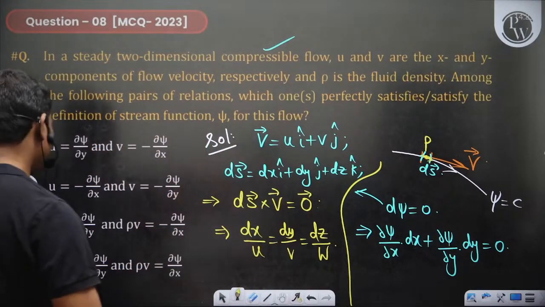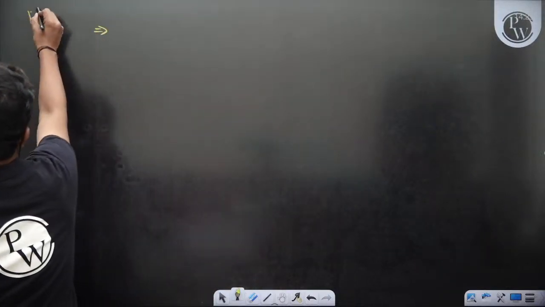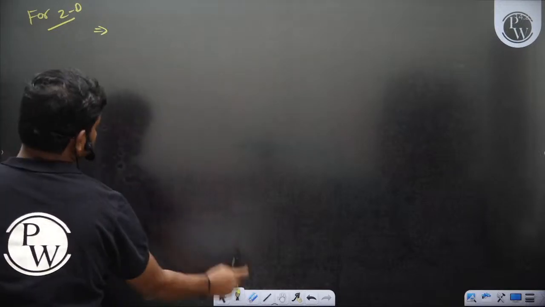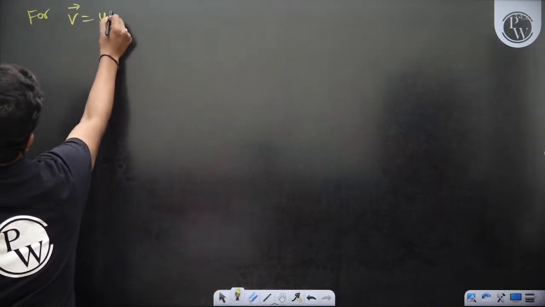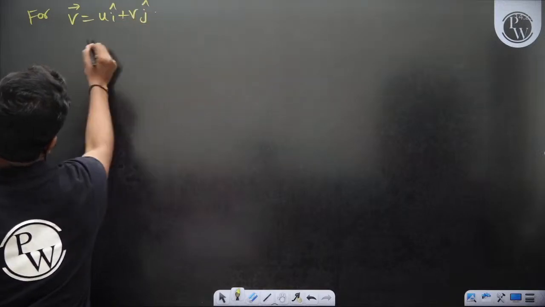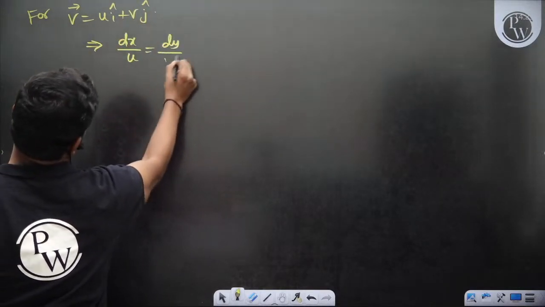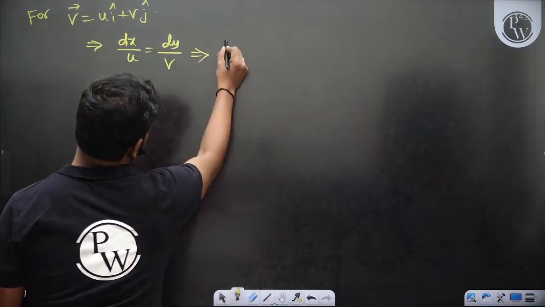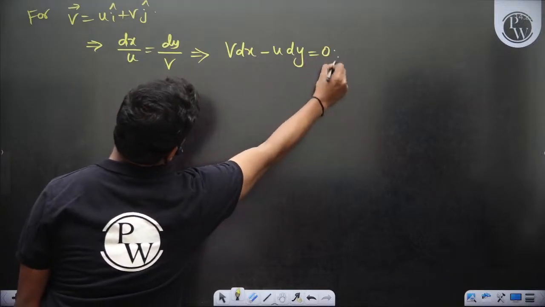For 2D, with velocity ui plus vj, this implies dx by u is equal to dy by v. So this gives you v dx minus u dy is equal to 0.